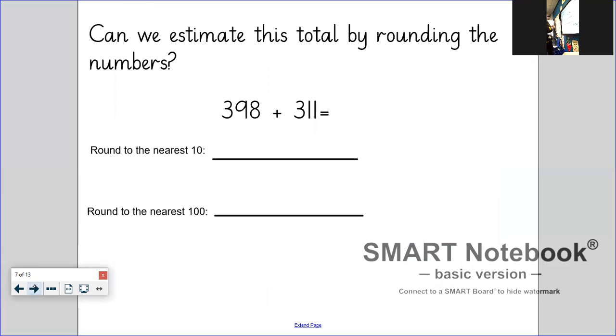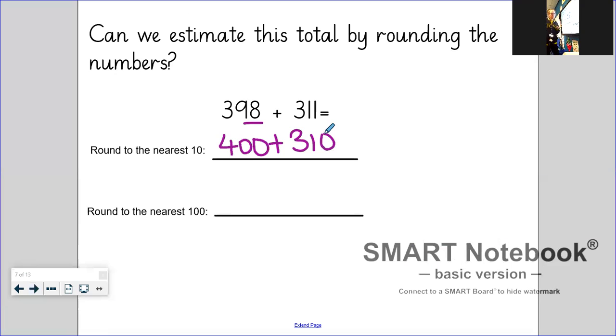So we are now going to round these numbers. We've got 398 add 311. I'm going to do this one first. You're going to listen and watch, and you can do the next one by yourselves. I'm going to round to the nearest 10 first. So 398 would round up to 400, and 311 to 310.